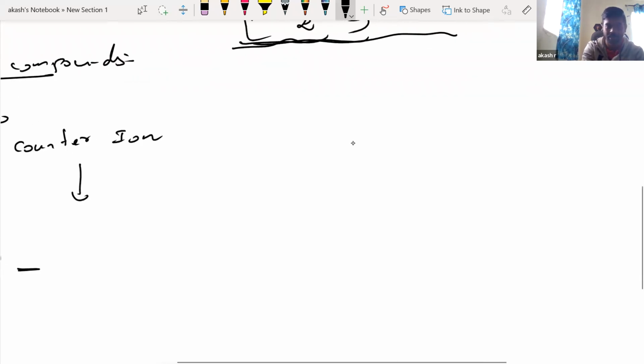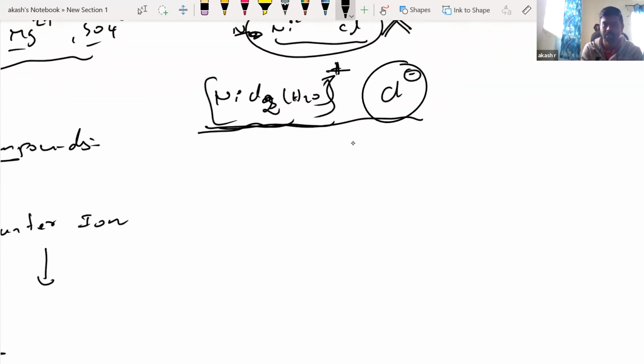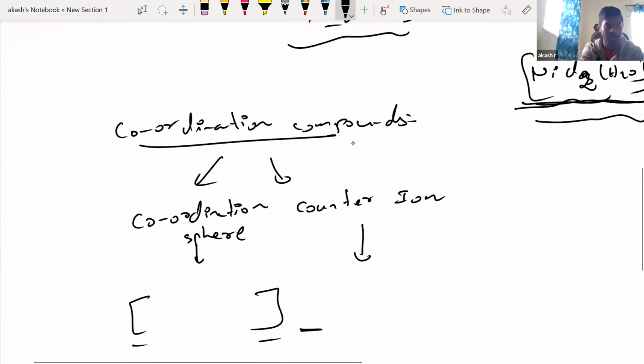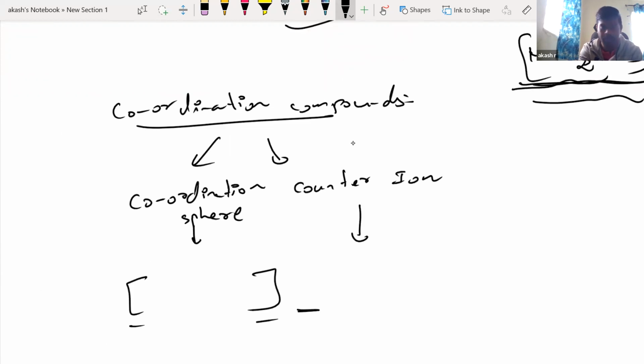In this case, this one is your counter ion and this one is your coordination sphere. Whatever is inside the bracket we call the coordination sphere, and whatever is outside the bracket we call the counter ion.